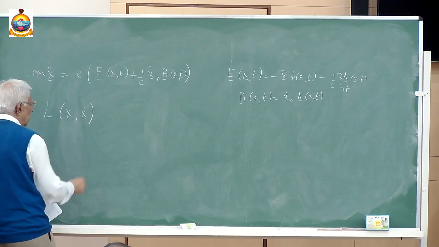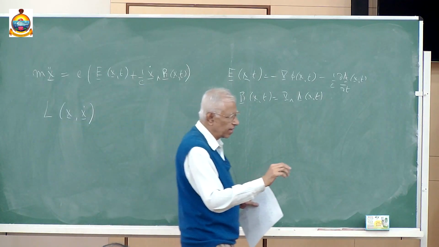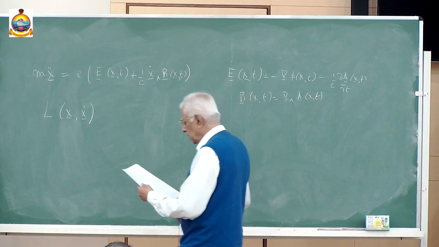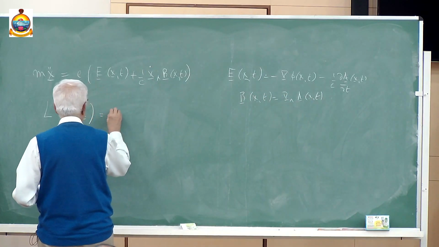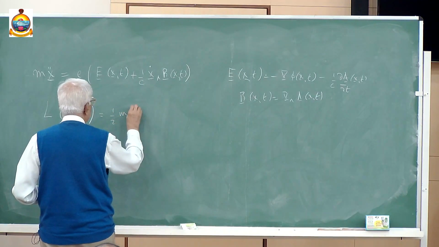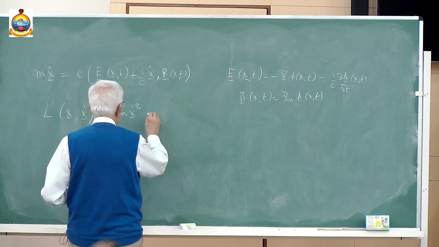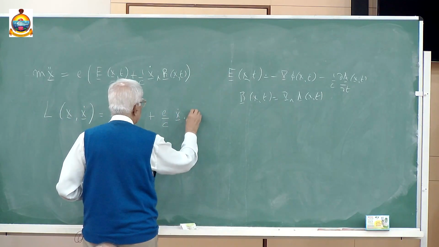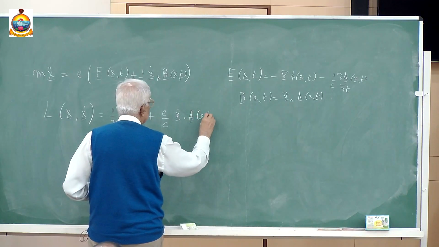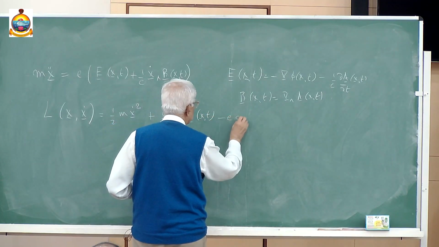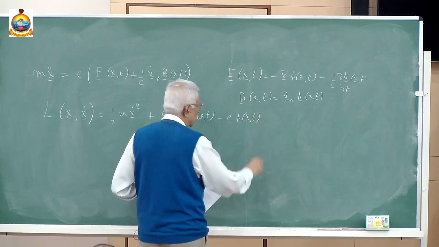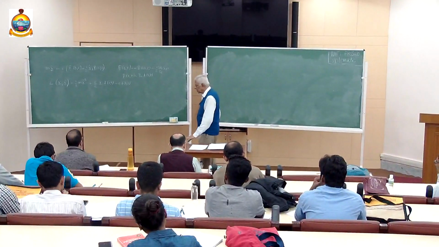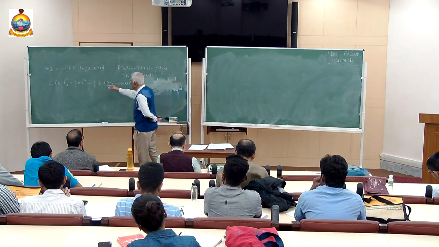In this problem, the Cartesian coordinate vector x is the generalized coordinate, x dot is the generalized velocity, and it is a fairly simple manipulation to see that there is a Lagrangian which can be constructed, and this is what gives as the Lagrangian equation of motion for this Lagrangian.